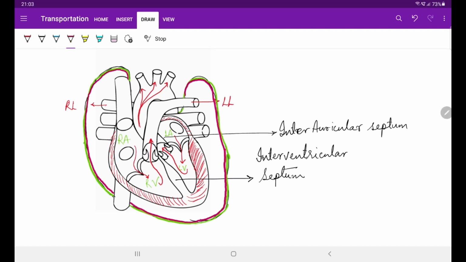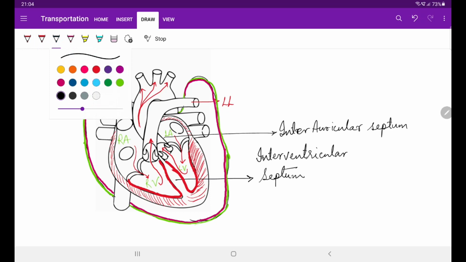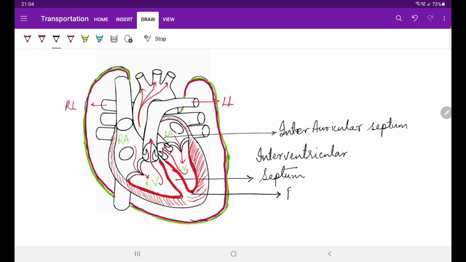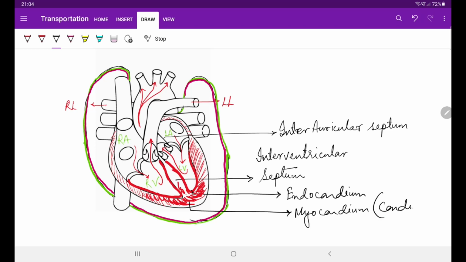Now, the internal lining of the ventricles is called the endocardium. It is highly vascular. Surrounding the endocardium, there is a thick muscular layer which forms the walls of the ventricles and the atria. This is called the myocardium, and it is made up of cardiac tissue.